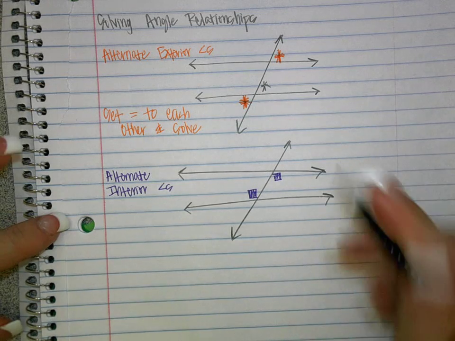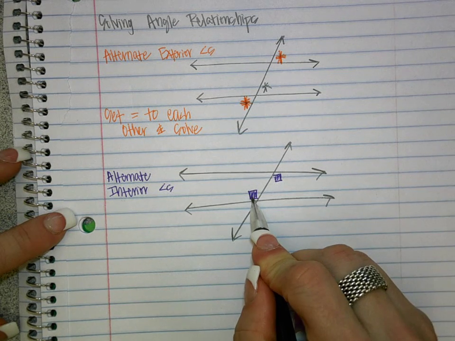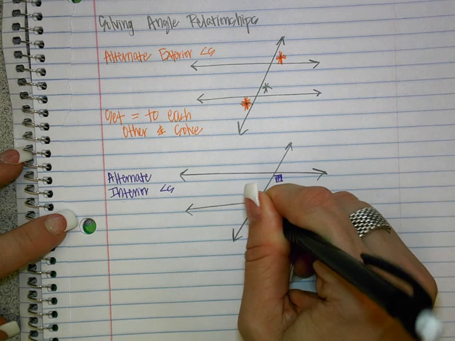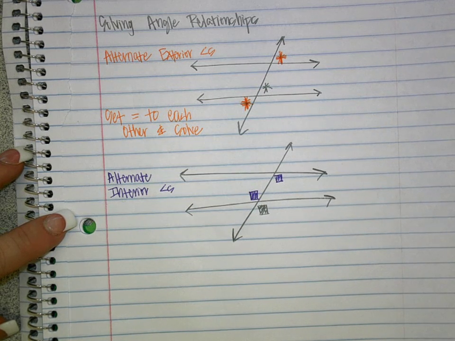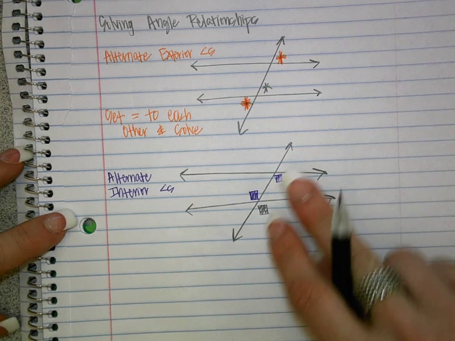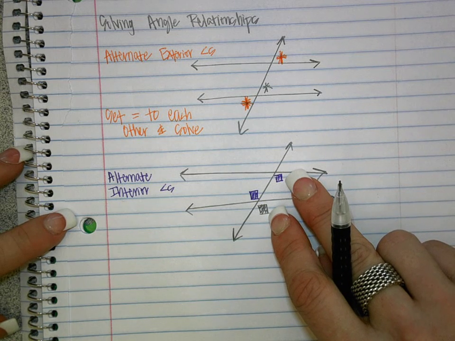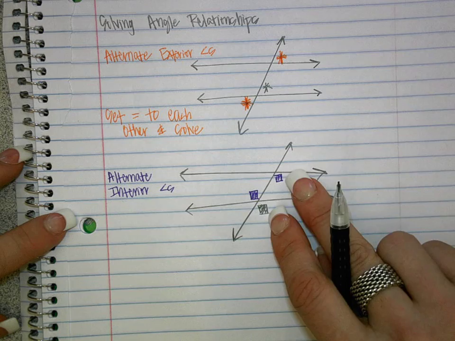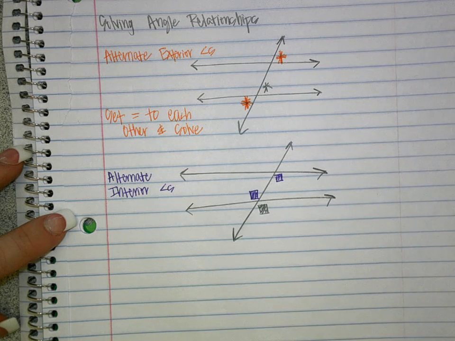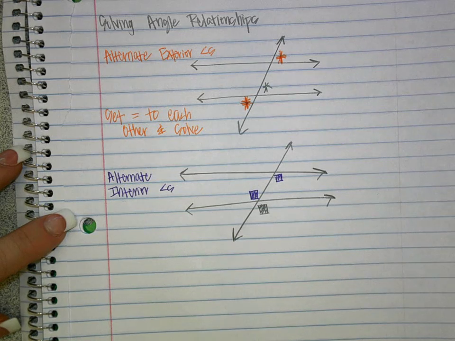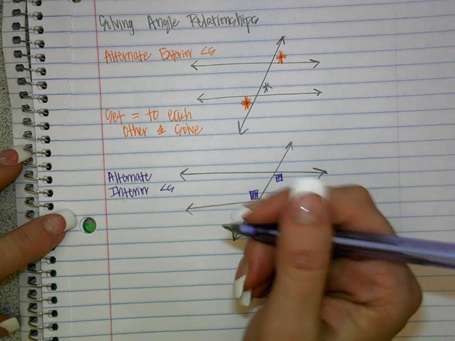Where would the vertical angle to this one be? Straight across from it, so it would be right here. Those would be congruent, and congruent means same measure. And then these two would be what? Corresponding, and corresponding also means the same measure. So by default, we just proved that alternate interior angles are equal to each other, right?